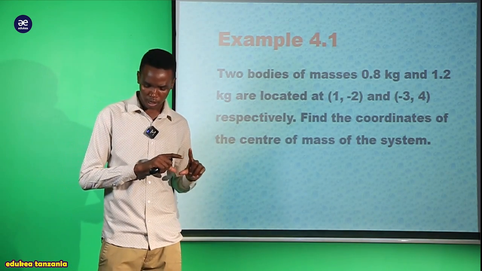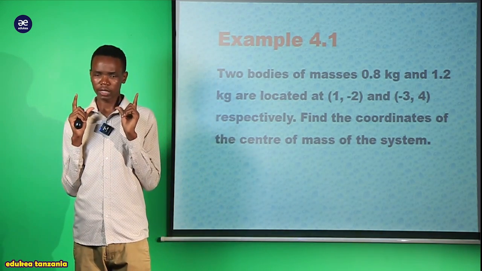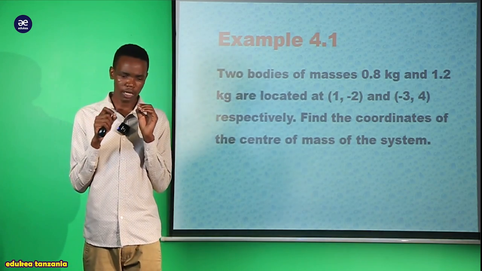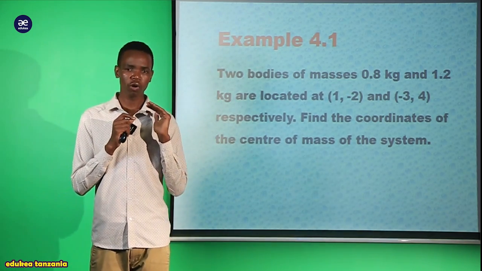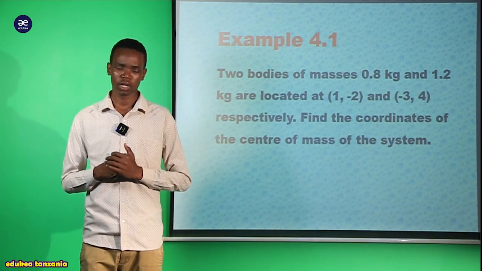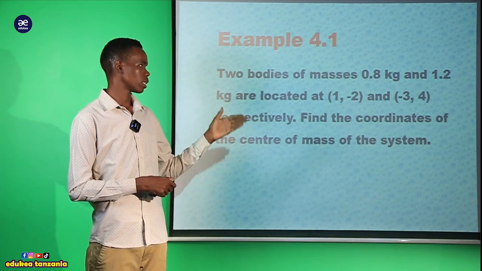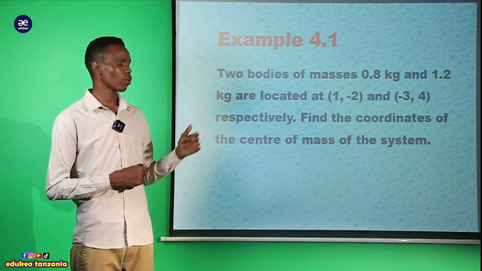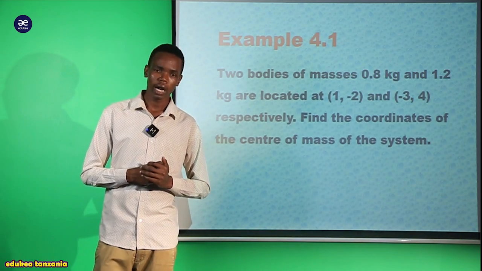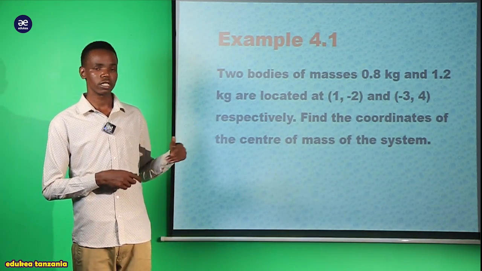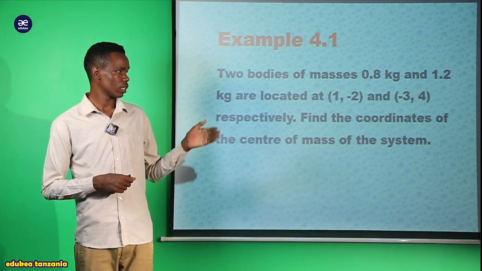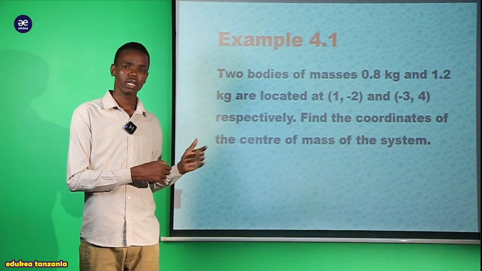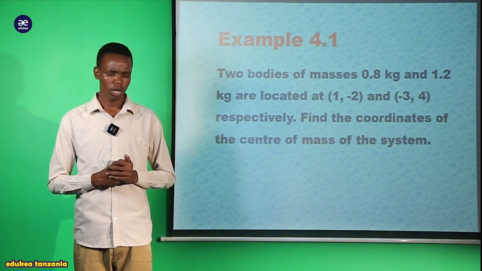My dear student, we have our body, and that body contains two particles, as we tried to see. Each particle has its own mass. The first particle has a mass of 0.8 kilogram, and it has its own coordinate, its distance along the x-axis and the y-axis: the coordinate (1, -2).